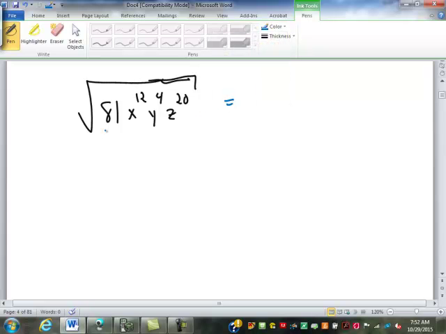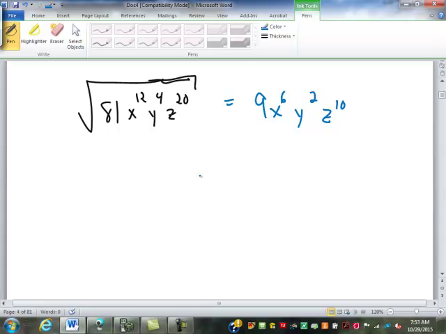What do I do with the 81? 9. Square root of 81 is 9. Since that is a number, it's a coefficient, we actually do have to square root it. Now technically it could be positive or negative 9. We're just going to go positive 9. How about for the x? X to the 6th, y, 2, and z, 10. Not so bad. Better than sharp stick in the eye?